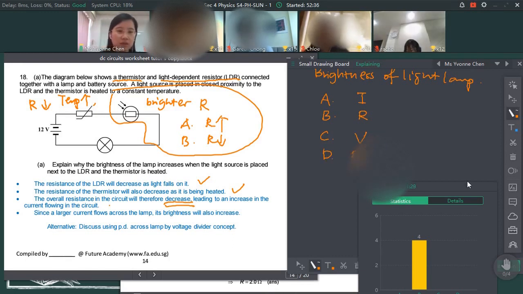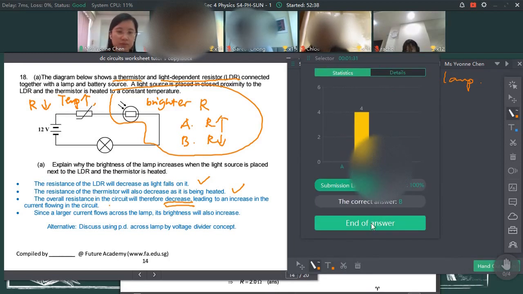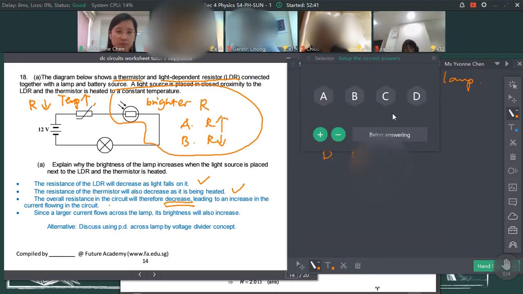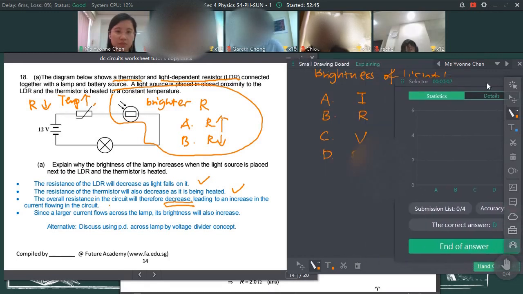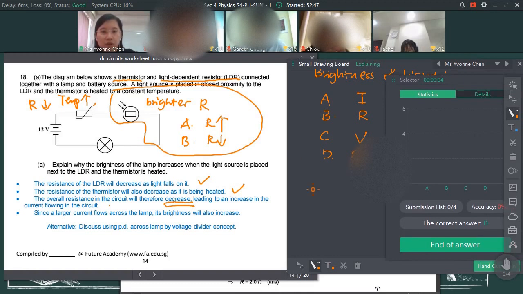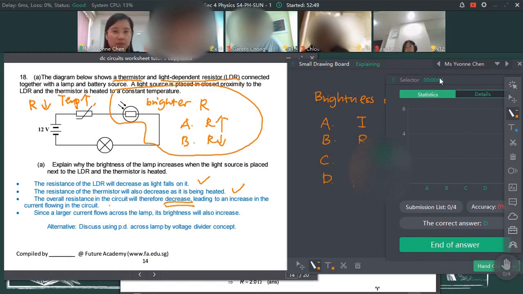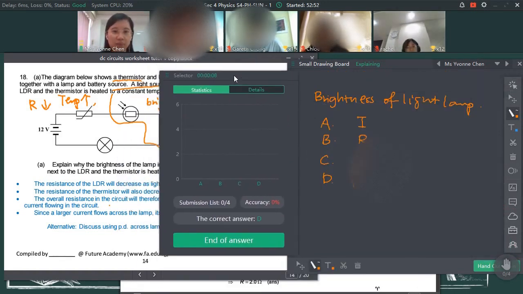This is the next question. Please answer the MCQ question. When we talk about the brightness of a light bulb, which one do we look at? Do we look at current? Do we look at resistance only? Or voltage only? Or we look at the overall power? It's an important question.